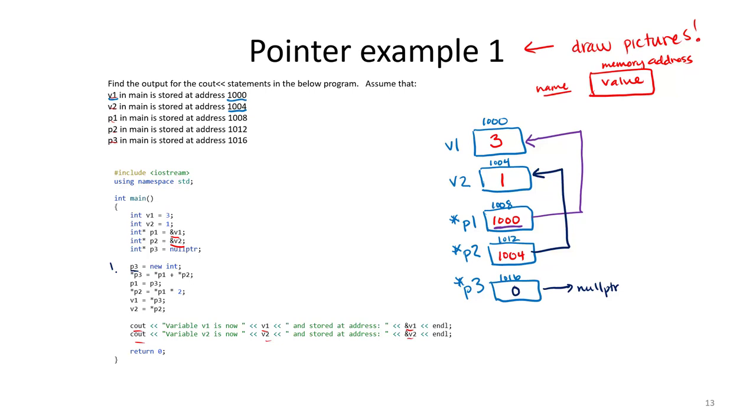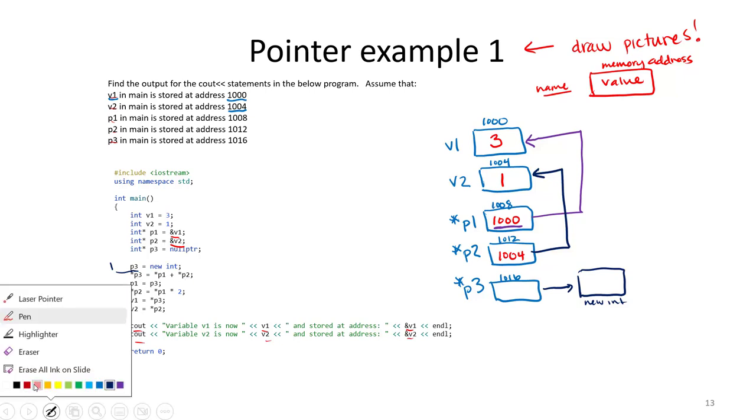First, we have this line p3 equals new int. So now, instead of pointing at null, p3 is pointing at a new int. In the next line, we write asterisk p3 equals asterisk p1 plus asterisk p2.